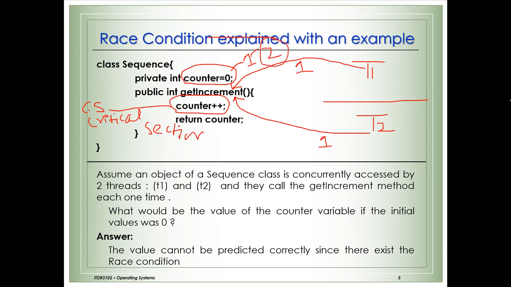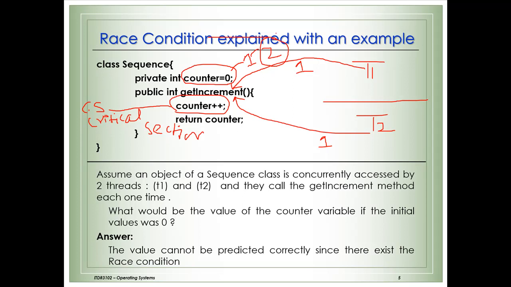However, when you implement this Sequence class in a multi-threaded program, according to the scenario I have described, with two threads calling this method once each, when you display the counter value you might find that the value is not 2.